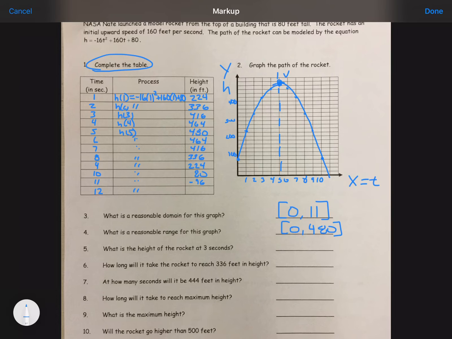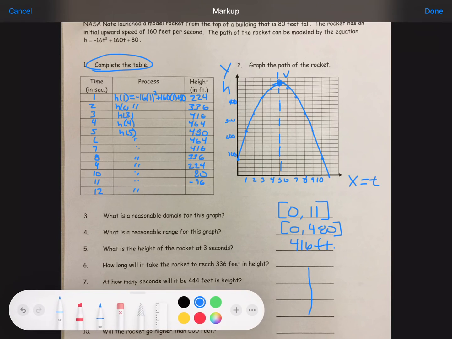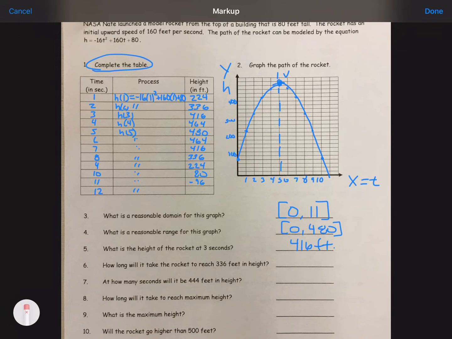How high is the rocket after 3 seconds? Becca, how high is the rocket after 3 seconds? 416 feet, yeah. How long does it take the rocket to reach 336 feet in height?